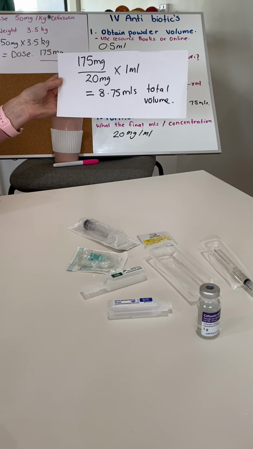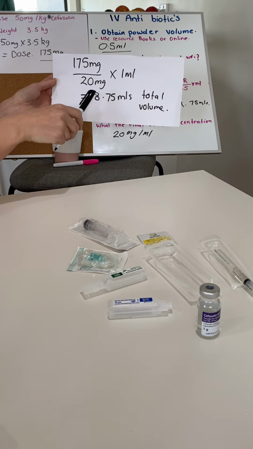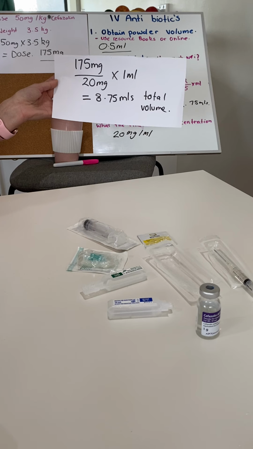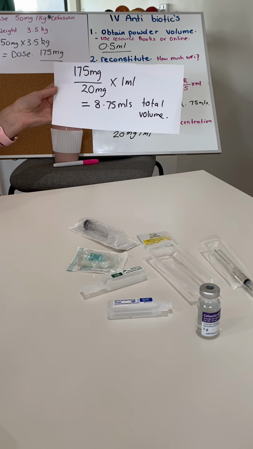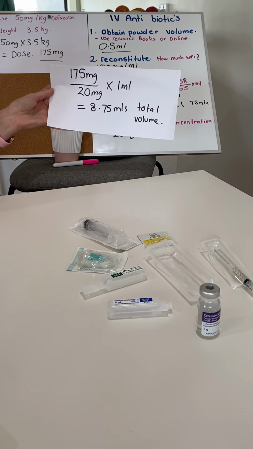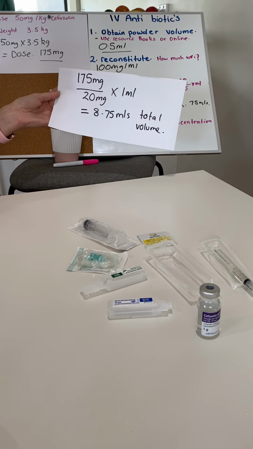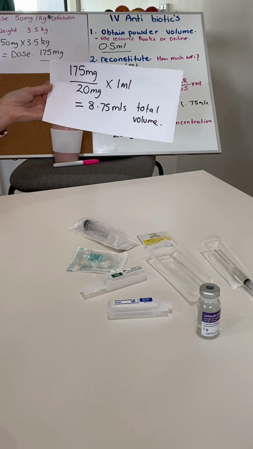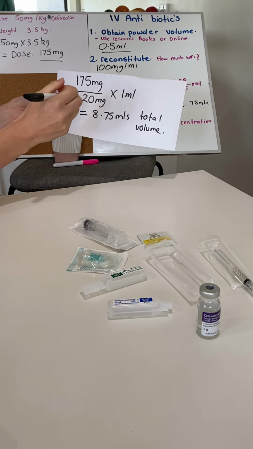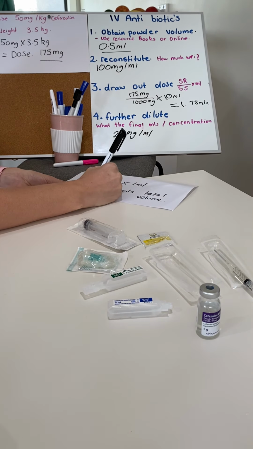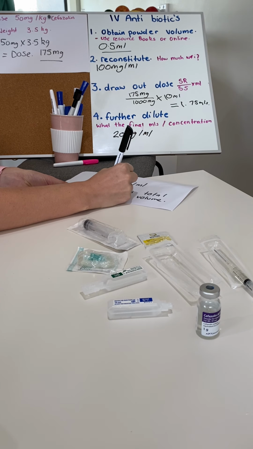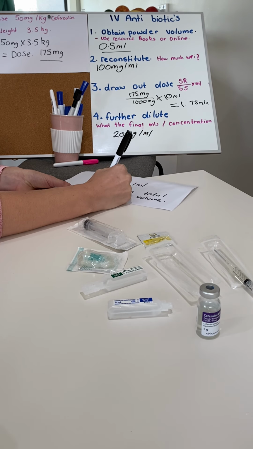What this is telling us is when we take this to the baby, we need to have 8.75 mils in total. So in order to know how much saline we have to reconstitute with, or compatible fluids, we need to take away the dose that we've already got. So we can do 8.75, take away the 1.75 mils of our dose.